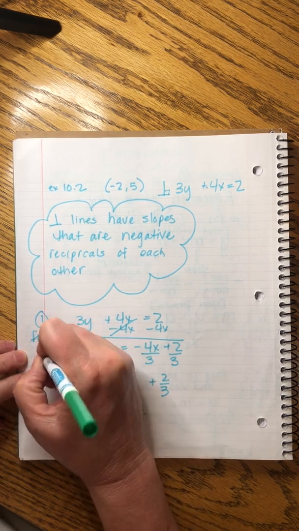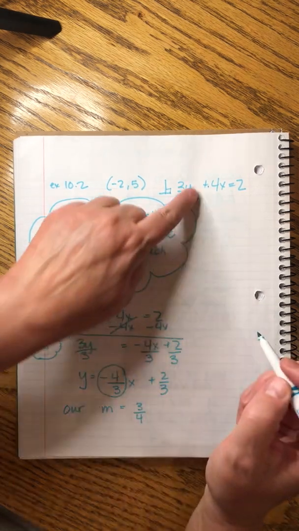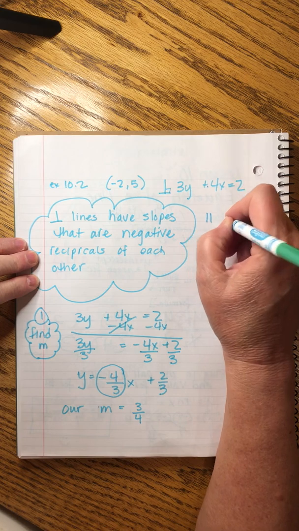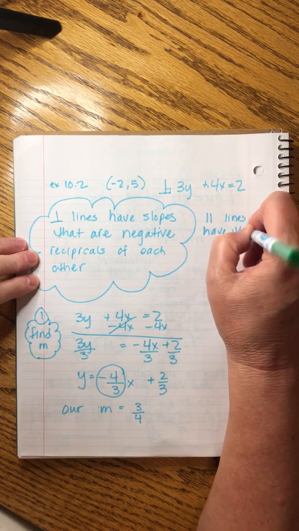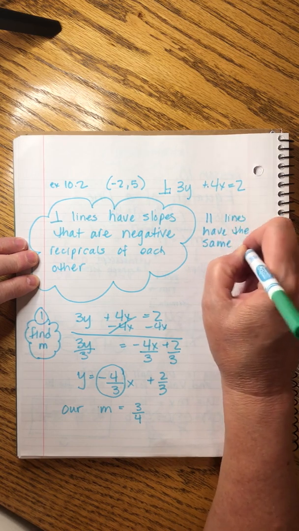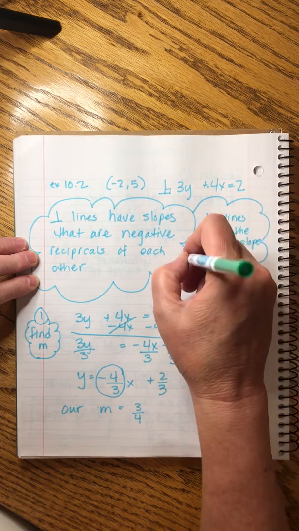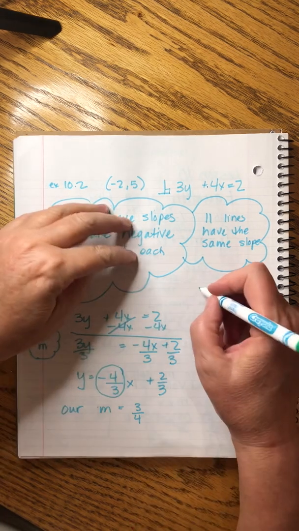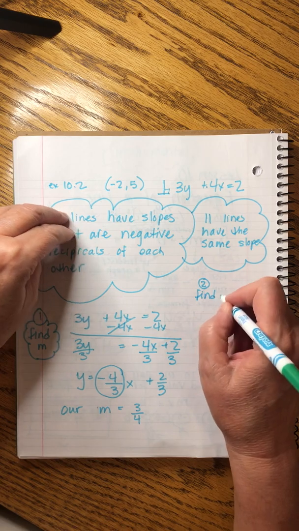Just like before, it was find m, but we have a completely different strategy because we were given different information. And let me remind you of this rule: parallel lines have the same slope. So if we would have been told that these lines were parallel, it would have been even easier. Okay, so there's the first step.